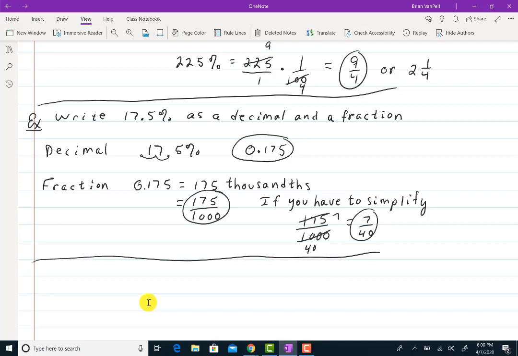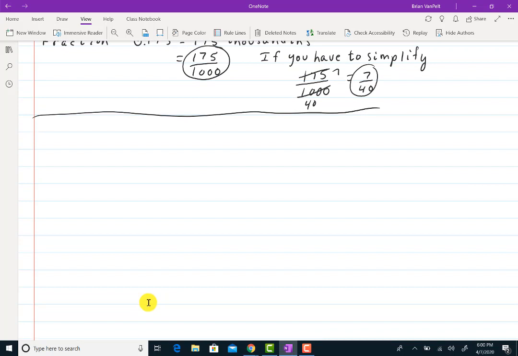Now we've spent plenty going from percentages. Let's start going some other directions. And you'll see with this next one, I want to write, actually the same thing, write 56.25% as a decimal and a fraction.